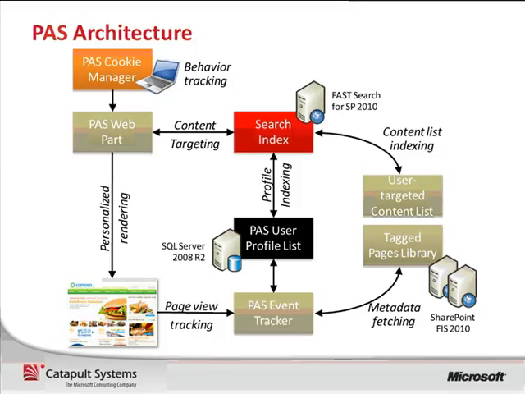It uses that profile that is stored in the database as well as the tagged content in your site, and builds a specific index which is then consumed by PS web parts that you put onto your site or on the page layout that you have on your website, and that provides a personalized user experience for Shane.